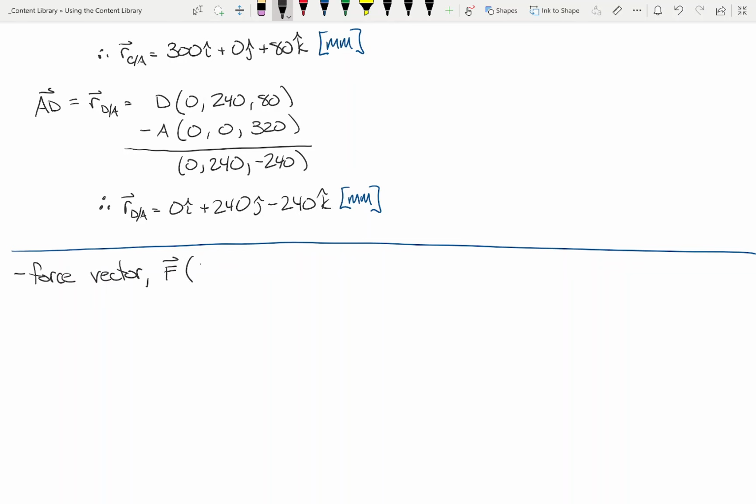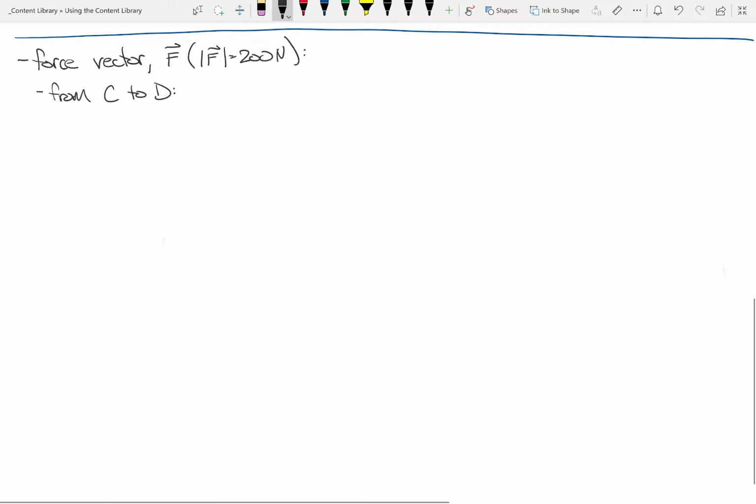By the way, what is the magnitude of the force? 200 newtons. Okay. So from C to D. Is it okay if I scroll this up a little bit so I have a little bit of room?